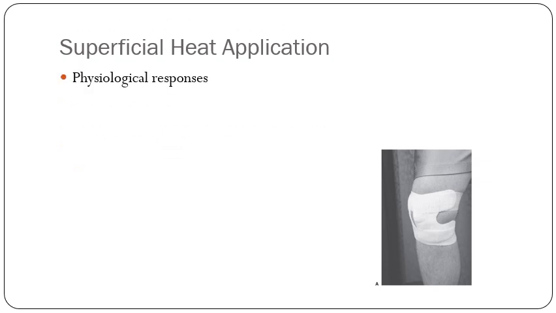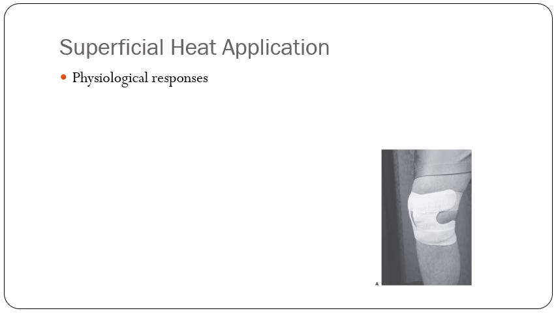So just looking at superficial heat in general, other physiological responses that we have not discussed. Increased metabolic activity. Obviously if you're decreasing metabolic activity with cold, you're going to increase it with superficial heat. Is there a possible detrimental effect with that on acute injury? That is very possible.